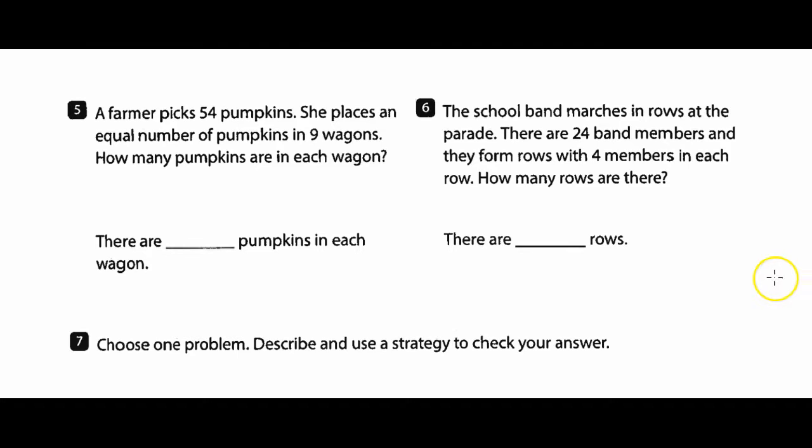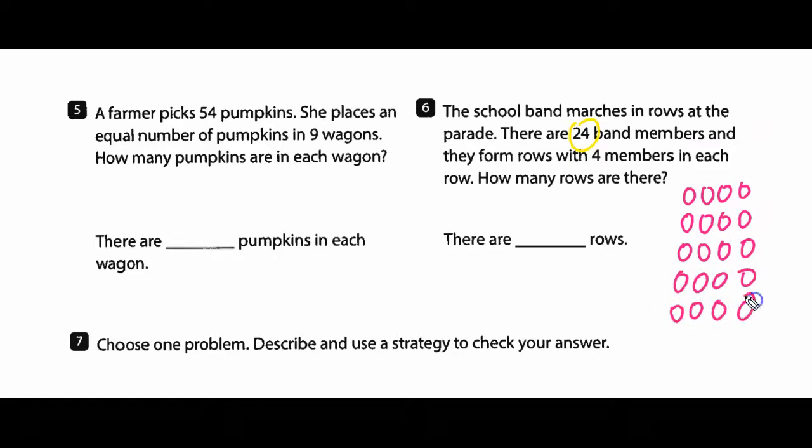So, for example, here I have number 6. The school band marches in rows at the parade. There are 24 band members. Okay, and they form rows with 4 members in each. So I could do this. I have 4 members in each row, and I have to do 24 of them. So I can go 1, 2, 3, 4, 5, 6, 7, 8, 9, 10, 11, 12, 13, 14, 15, 16, 17, 18, 19, 20, 21, 22, 23, 24.